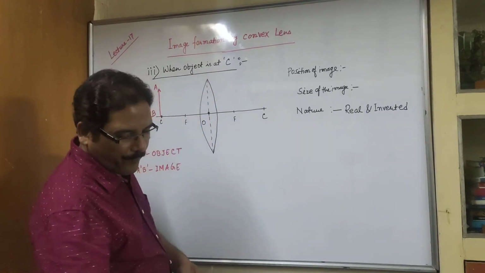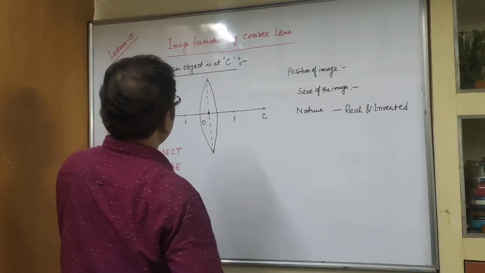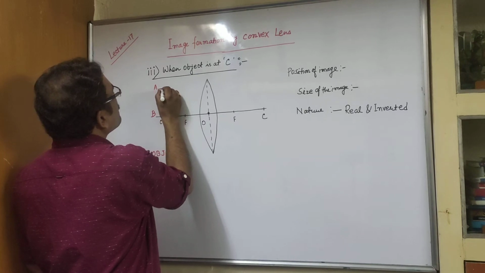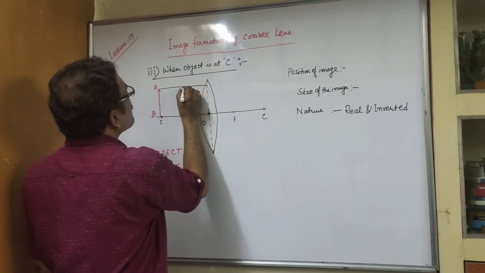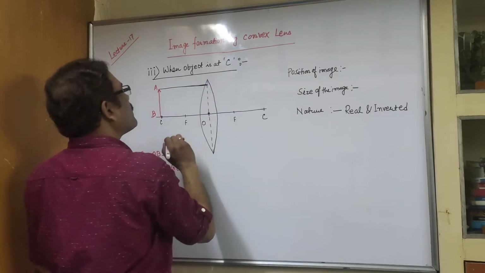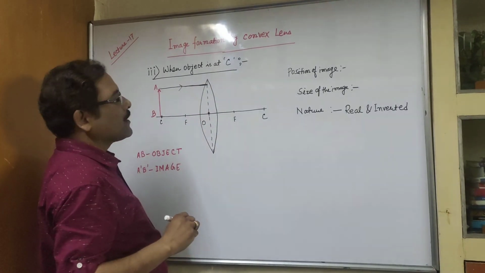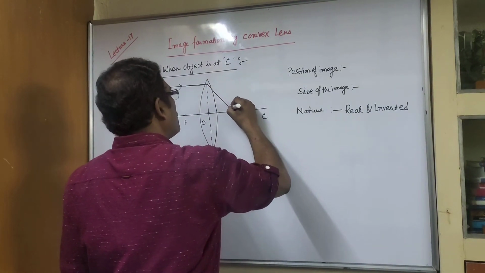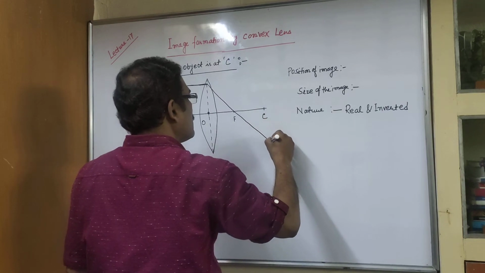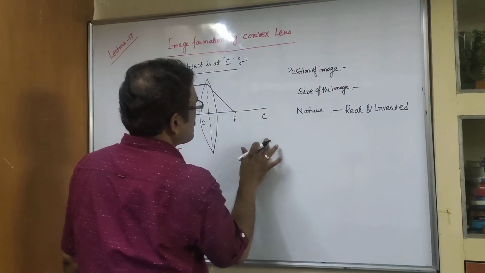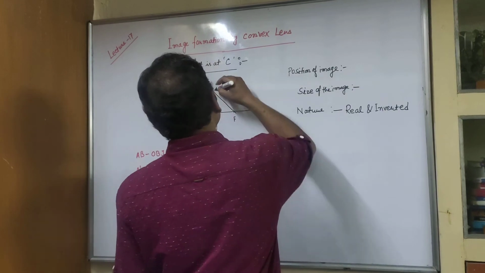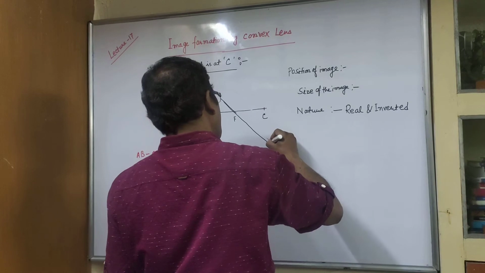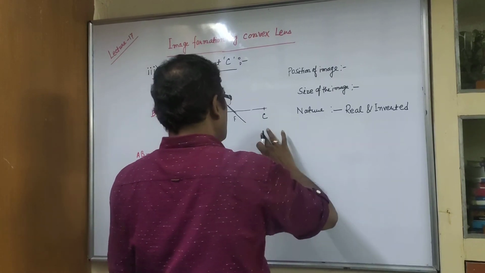AB is the object at point C. Again we will take a ray of light from the object parallel to the principal axis. So this ray will pass through the focus of the lens. The line should be straight.